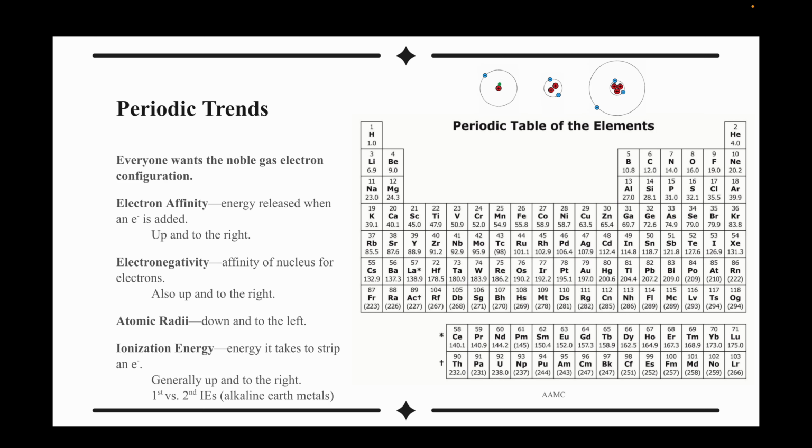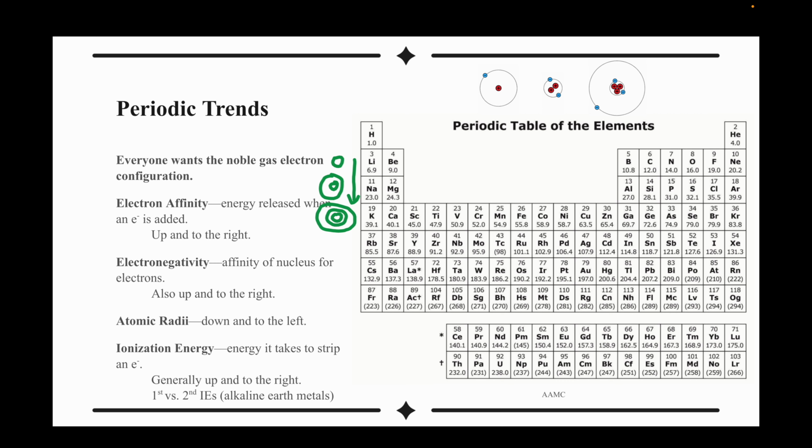And we can see that here in this diagram. When we go up to down on the periodic table, we're going to increase the number of shells. So a big difference between lithium and sodium is that sodium will have another electron shell. And then between potassium and sodium, potassium will have even another electron shell.